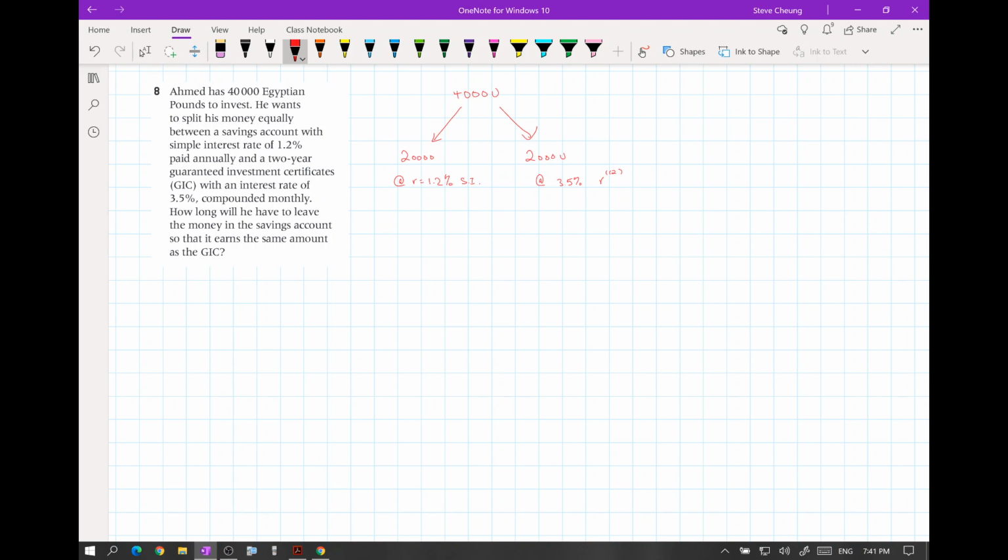So we need to consider them separately. So we can say option A. So using the simple interest formula, we actually do 20,000 plus the 20,000 times 1.2 over 100 times how many years? 2 years. Okay.